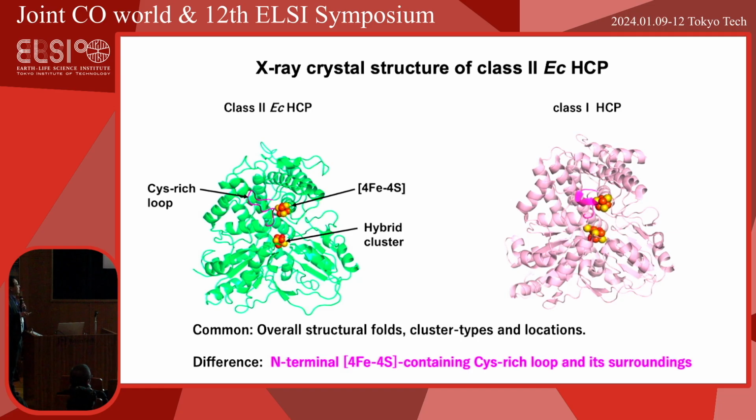The overall structures of both classes are almost identical. However, one unique feature was found in class 2: here, the cys-rich loop. The cys-rich loop is very close and adjacent to the N-terminal 4-iron-4-sulfur cluster, which may suggest the redox system could be different between this one and this one.